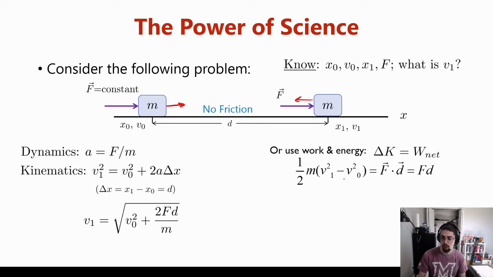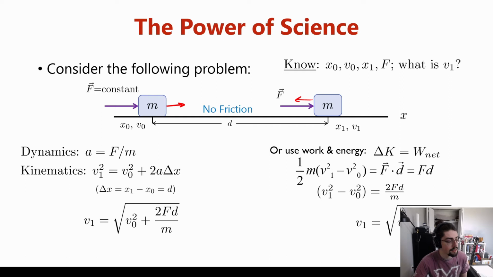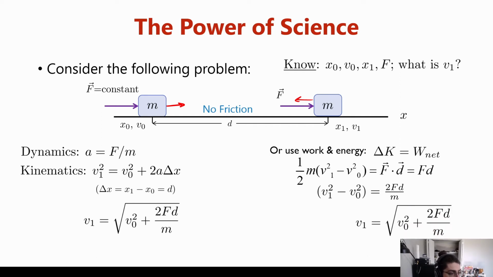So my Control Z is not working, so we're just going to have to roll with those two arrows on the screen now, but that's all right. If we were to solve out for the rest of this thing, we could say, okay, move over that 1/2, move over that m to the other side, and then what we get at the end of the day is the exact same result. And that's lovely, right? Because if I go through two different processes that are both supposed to be correct, and I know you can't see that thing, but you just have to take me at face value, there it is.